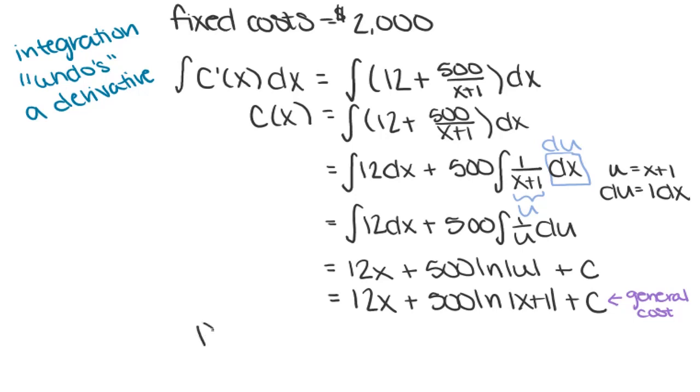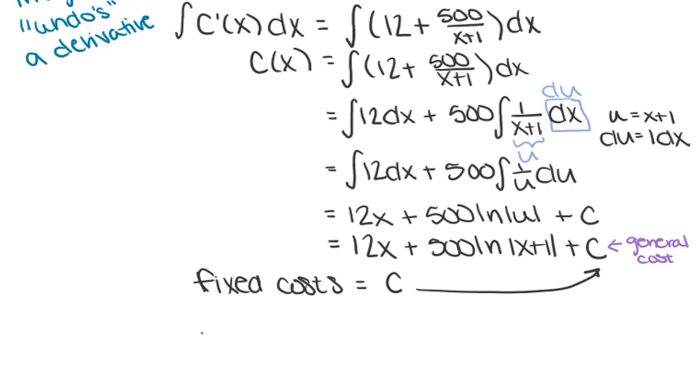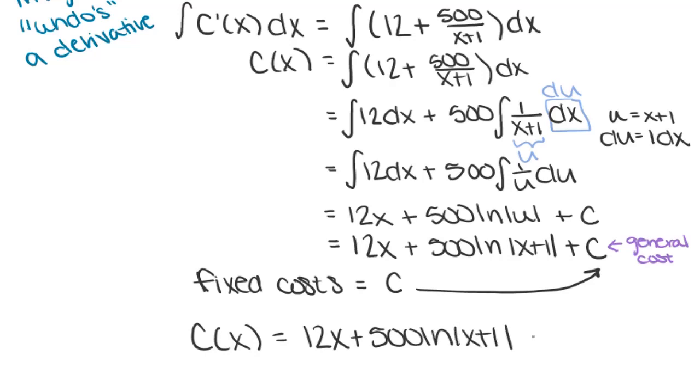So fixed costs equals c, our constant, right there. Okay, so what that means is that our cost equation, all we have to do is rewrite it with that fixed cost value of $2,000.